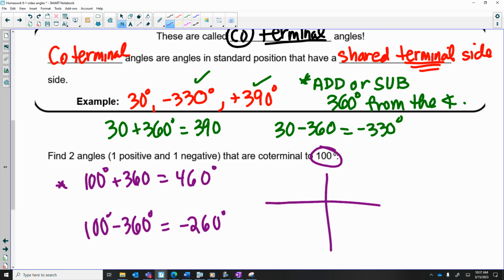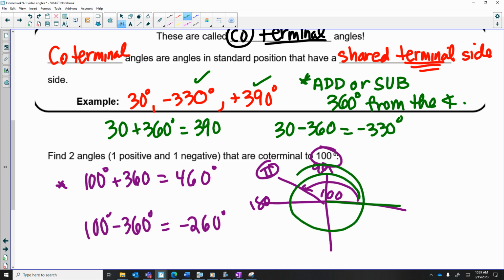So think about where it lands. 100 lies in quadrant 2 because it's a number between 90 and 180. So here's 100. If we did 460, we would go all the way around and land in the same spot in quadrant 2. And if we went negative 260, I probably subtracted that wrong. Let me double check. We are going to get landing in the same spot.